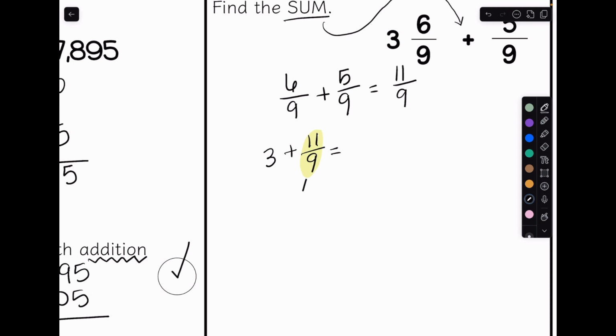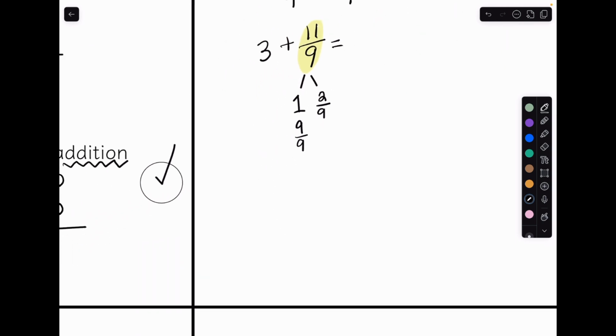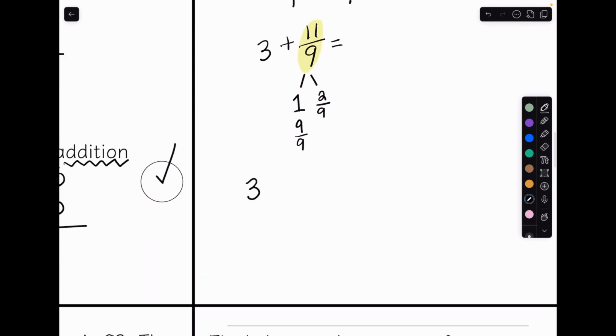So we're going to do our little number bond. We know we can pull out 1 whole or 9/9. Those are equivalent. And we will have 2/9 left over. So 11/9 equals 1 and 2/9. All right. Let's rewrite it one more time just for organization. If you don't need to rewrite it all these times, you're good. But Miss Henderson just wants to keep it organized.